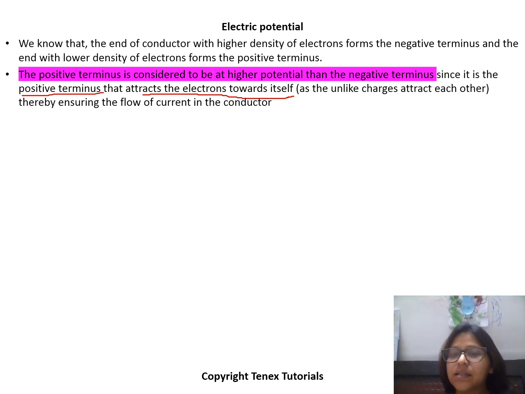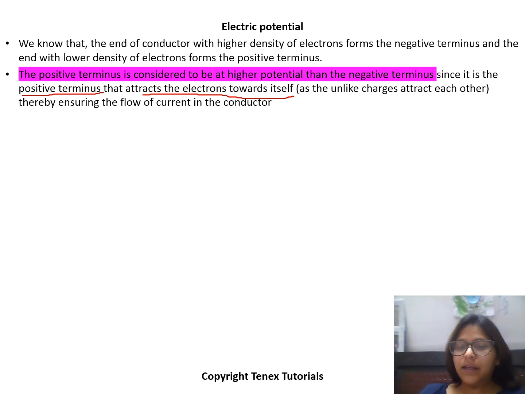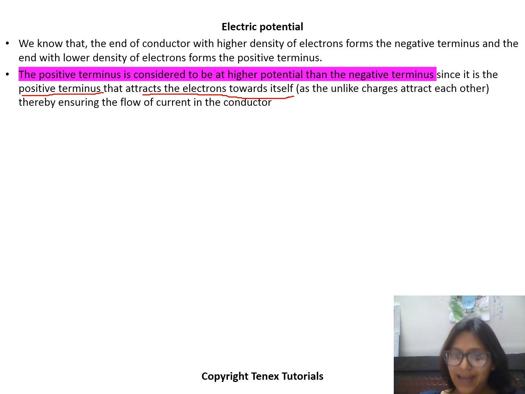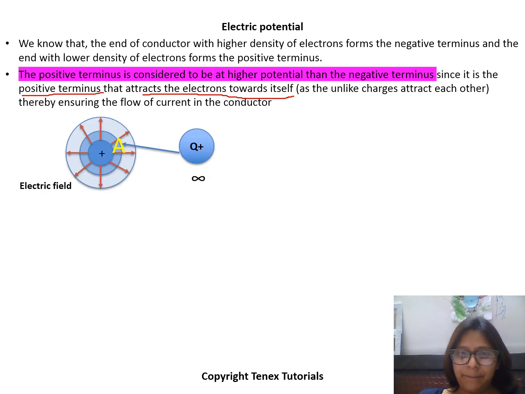So in turn, it is responsible for the passage of electrons and then the passage of current through the conductors also. That is the reason why the positive terminus is supposed to be at a higher potential. So that was a more logical explanation of why the positive terminus is considered to be at a higher potential. Having said that, we still haven't really understood what potential is all about. So let's look at this very simple diagram.